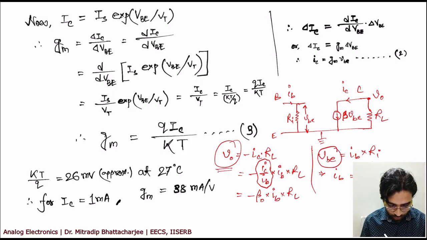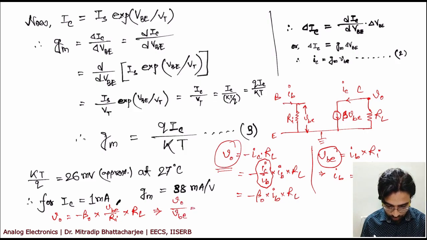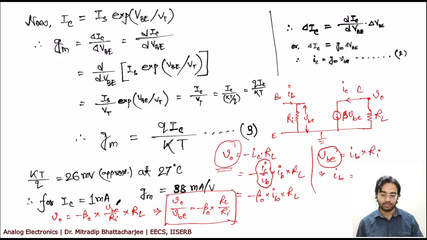So your V0 will become minus beta 0 into IB, which is VB by RI, into RL. So ultimately your output voltage by input voltage is equal to minus beta 0 into RL by RI. So ultimately you get this expression.